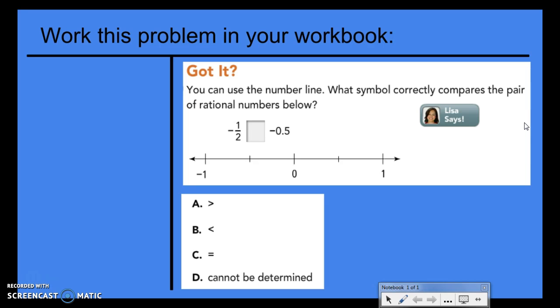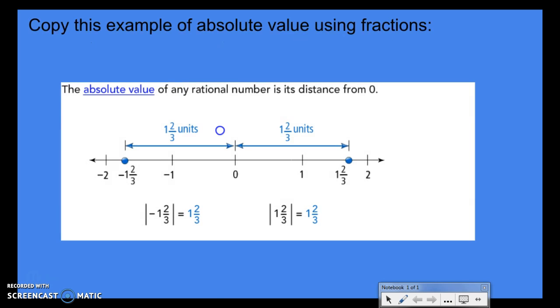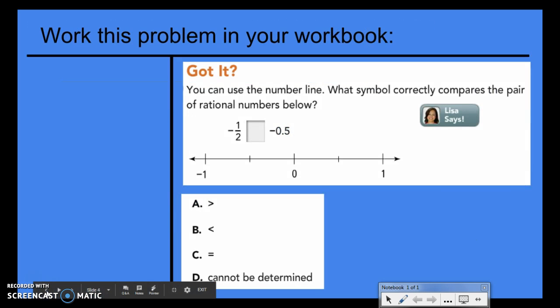Alright, here's another problem that you're going to work into your workbook. Most of you guys know the answer to this problem just by looking at it, but in case you don't, whenever you are comparing a fraction and a decimal, the easiest way to compare the two is to turn that fraction into a decimal. So -1/2 can be written into a division problem.